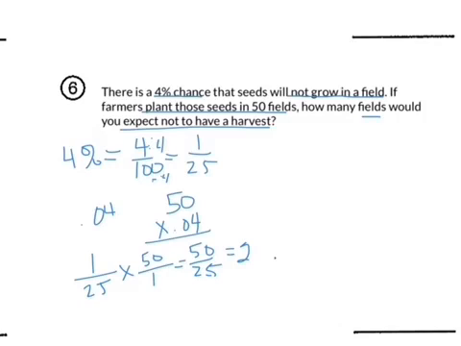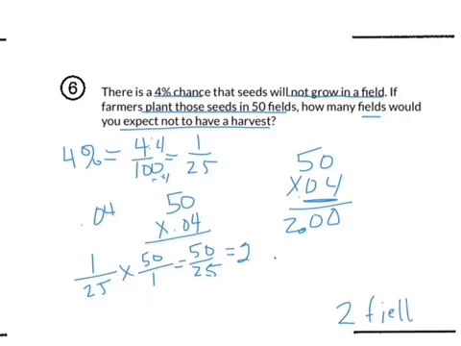And our answer again is 2. So 50 times 0.04 is also going to come out to 2. Let me just show you that real quickly here. 4. So that's a 0 here. 5 times 4 is 20. Move the decimal point over 2 spots, and you're going to get 2. 2 fields would be the correct answer.